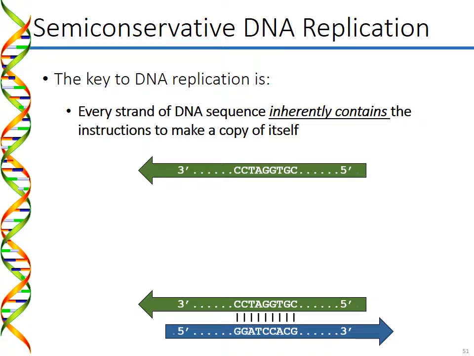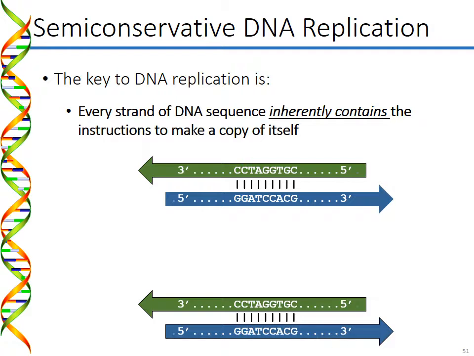So now we see again CGT on the top strand, GGA and TCC, because those are the complementary base pairs to the sequence shown on the original blue strand.